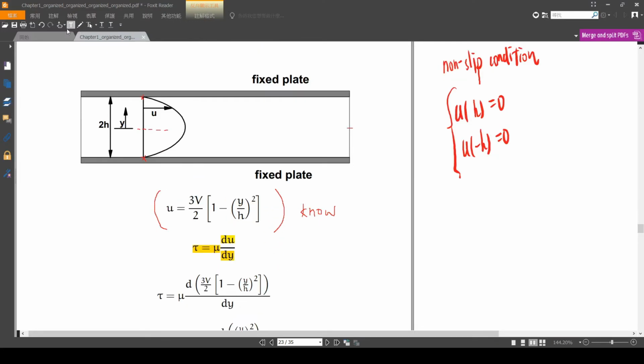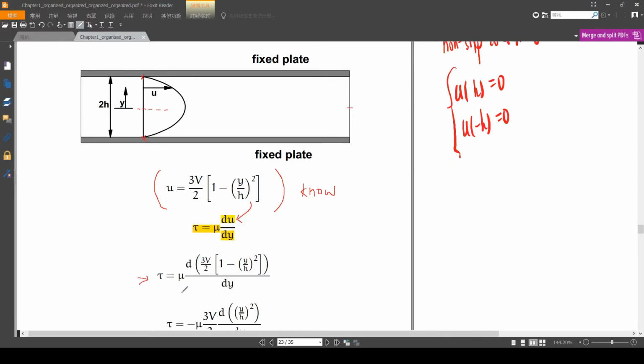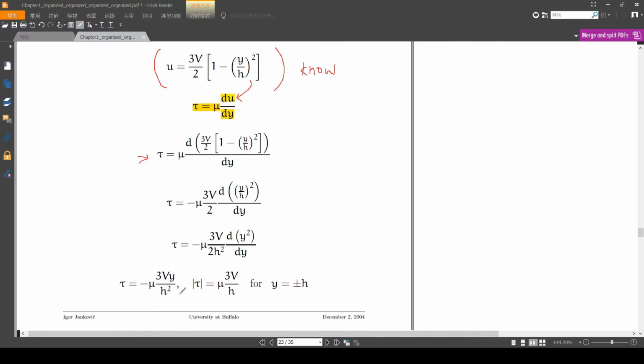You just put all the information here, differentiate the velocity with respect to y, do the simple math, and you will get the answer like this. So if I ask you about the shearing stress at the boundary, you can simply put in y equal to h or y equal to minus h, and you will get the boundary shearing stress.